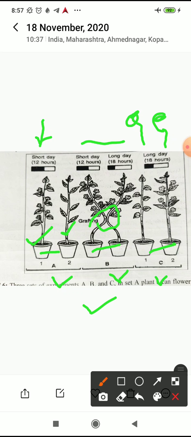This florigen, produced in plant A, gets transferred through the graft to plant B, and plant B is now able to flower. Both the plants flower. So this experiment gives us the idea that the nature of the stimulus is a chemical.